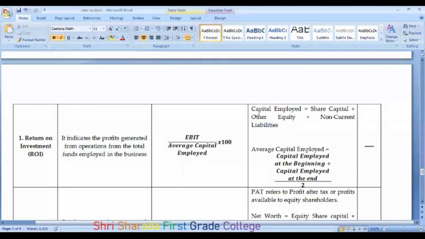What this says is, out of the capital which has already been used by the company, it calculates what is the leftover profit.